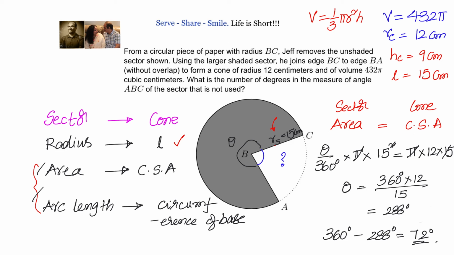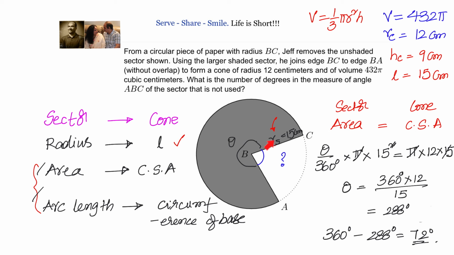So let's have a recap of this problem. We have been given a sector which was formed into a cone of radius 12 centimeters, and the volume is given. We can easily calculate the height. Once we have the height and radius, we can find the slant height. The slant height of the cone equals the radius of the sector.